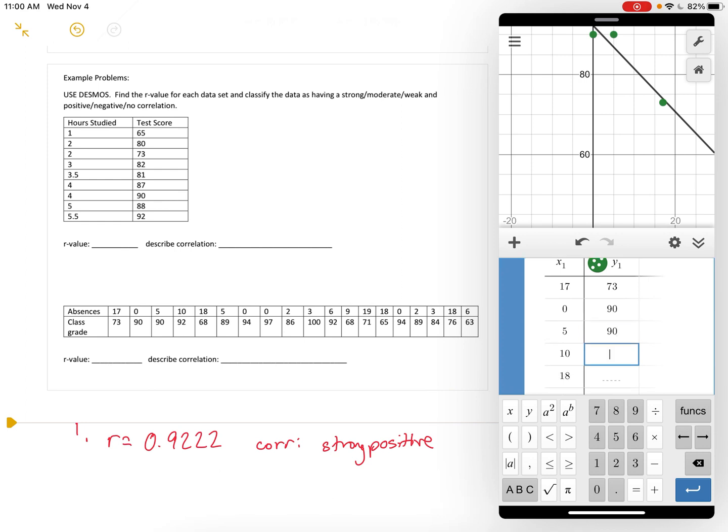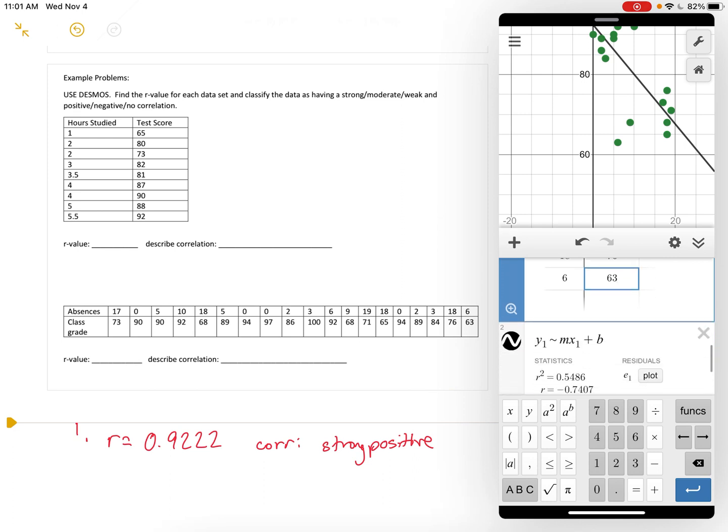Ignore that until you're completely done. Okay, so now I have my whole table in.